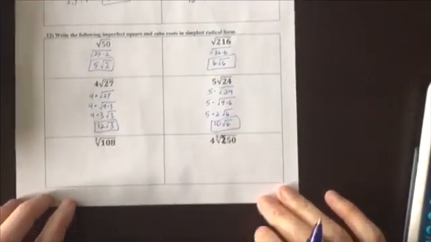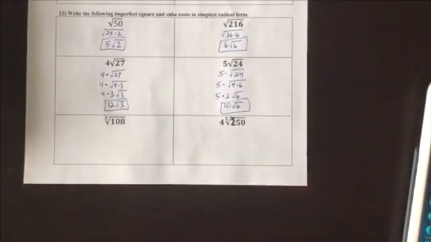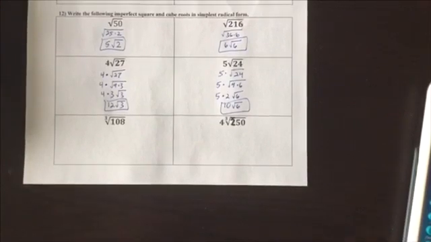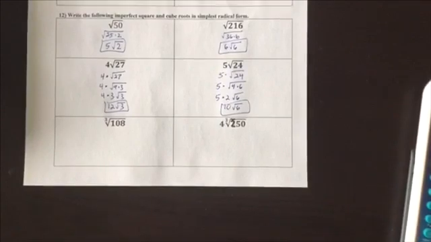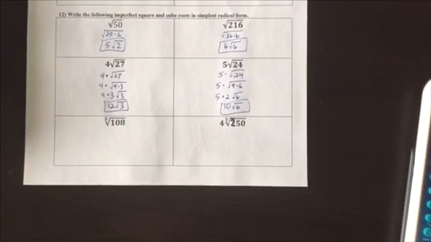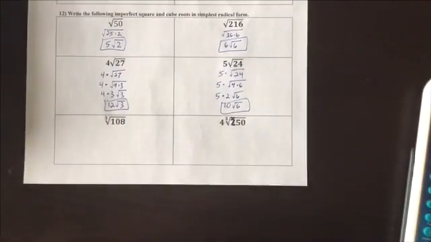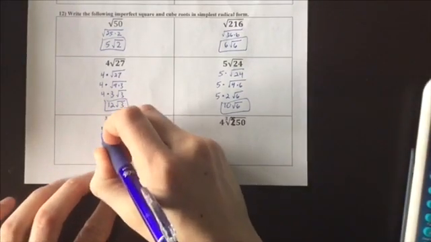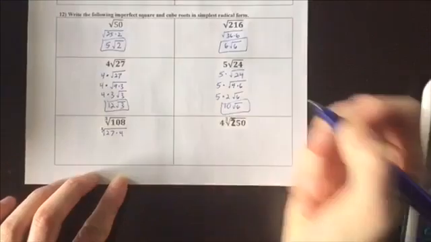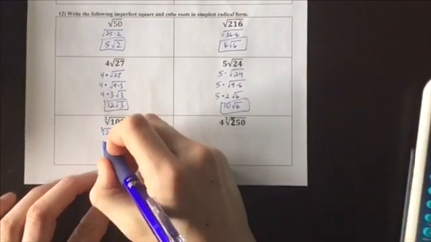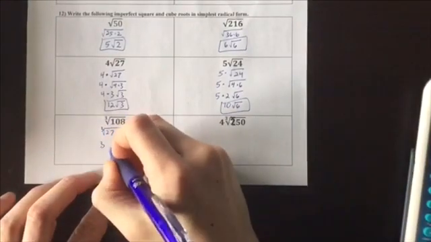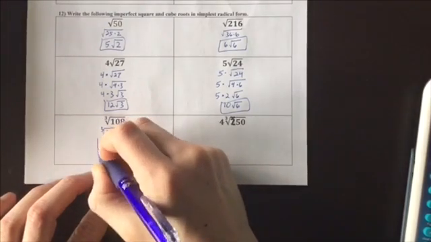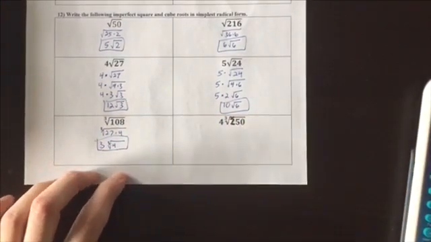Okay. Now we're moving on to our cube roots. The largest perfect cube factor of 108 is 27. That's 27 times 4. Cube root of 27 is 3. So that's going to be 3 cube root of 4.